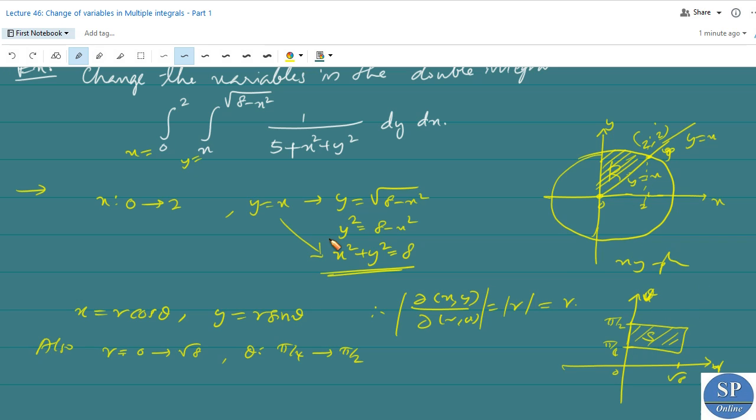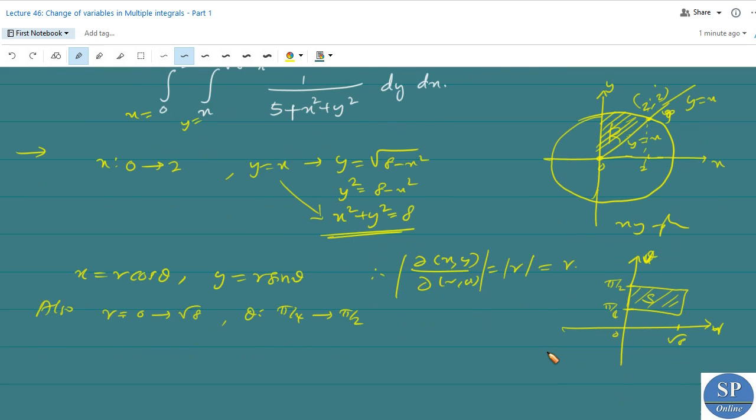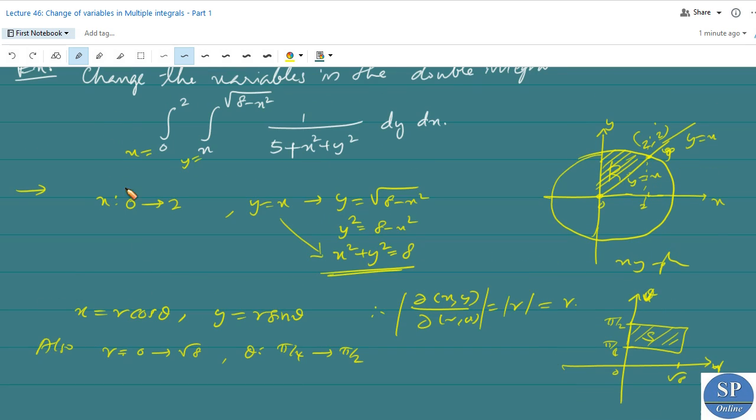So in the coordinates r comma theta, we are integrating over this S. The integral can be expressed by changing the variables: theta varies from pi by 4 to pi by 2, and r from 0 to root 8.